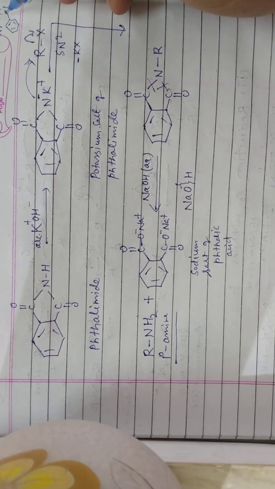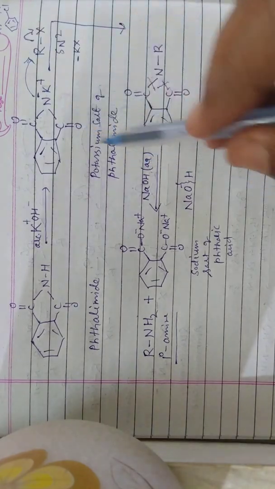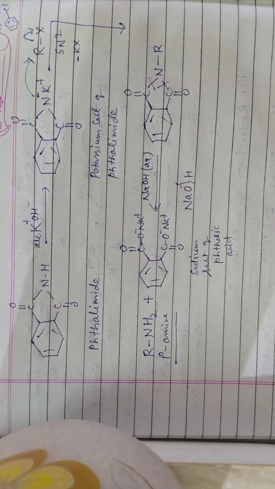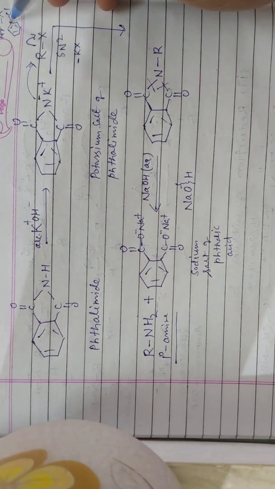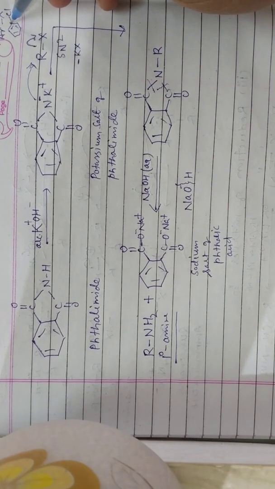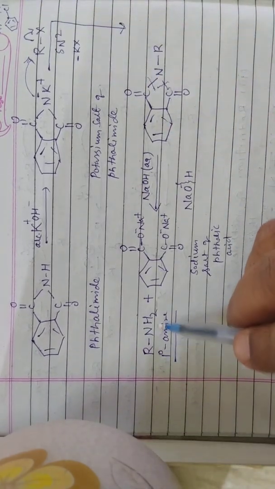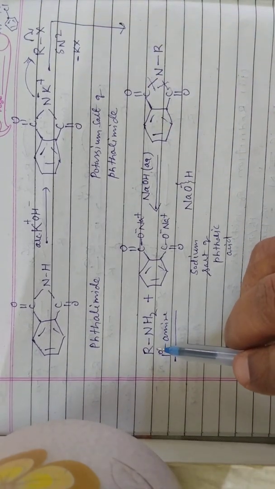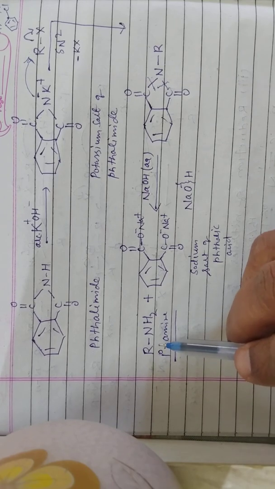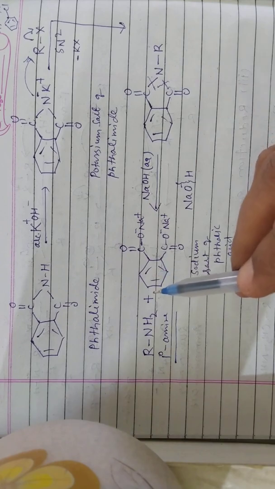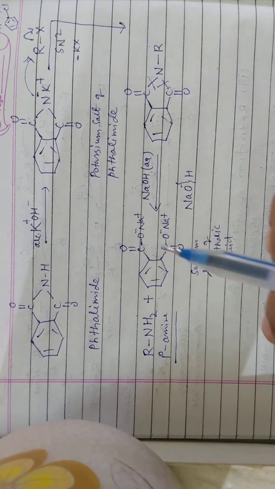in this case, the attack of phthalimide anion on this carbon faces lots of hindrance, and due to that formation of aliphatic amines only takes place, not aromatic amine. We cannot synthesize aromatic amine by Gabriel phthalimide synthesis. So this is a note you must note down.